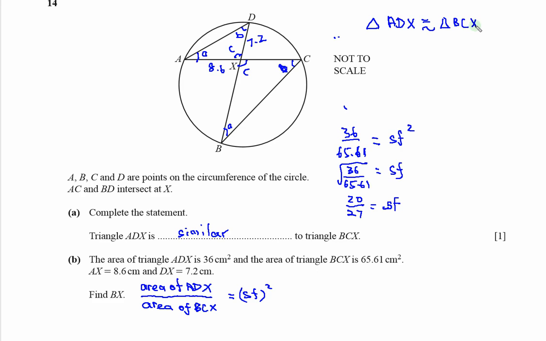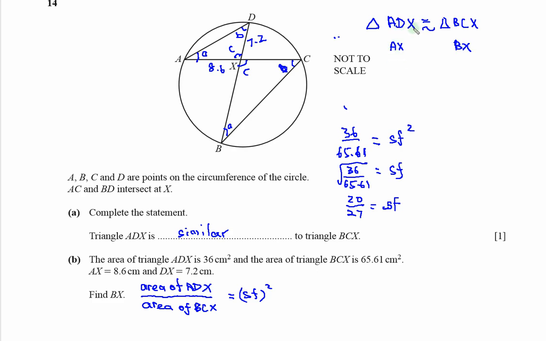So the length you want to find is BX, the first and third letters. So the given length should be A, the first letter, and the third letter, AX, compared with BX.